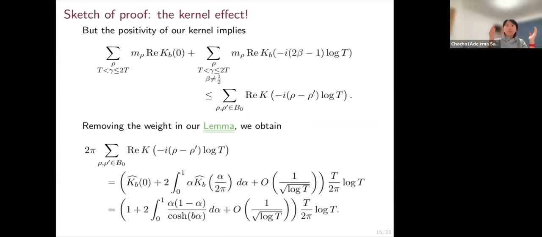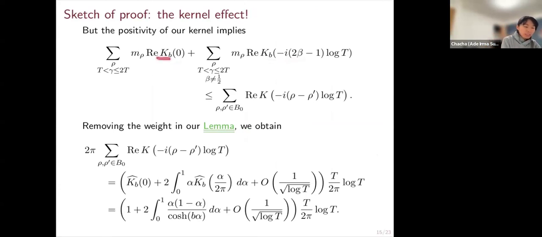Now I'm going to put this all together. Finally, the positivity of our kernel works. The second condition of the kernel was actually used when we removed the weight. I should have put that in the slides, but now we don't have to worry about that. What we use right now is just the positivity of the kernel.